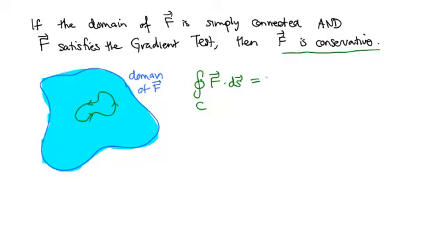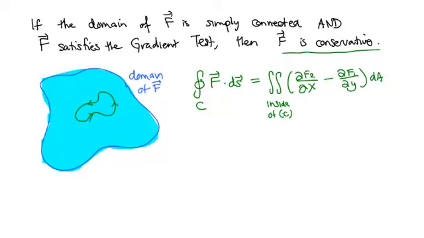According to Green's theorem, this is going to be equal to the double integral of the second component of f's derivative with respect to x, minus the first component of f's derivative with respect to y, dA, over the inside of the region C. Well, we've been told that f satisfies the gradient test, and in 2 dimensions the gradient test is the statement that del f1 del y is equal to del f2 del x.